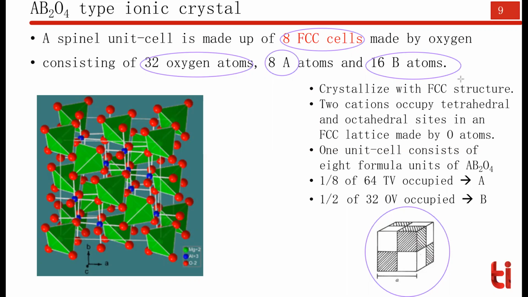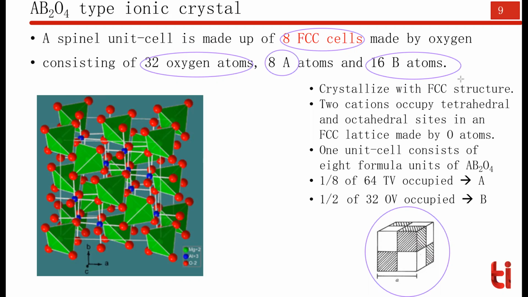And if my spinel unit cell is made up of 8 subunit cells of FCC, then how many total tetrahedral voids will be available to me? It will be 8 in 1 unit cell multiplied by the number of subunit cells, which is 8. So 8 into 8. So total available will be 64.